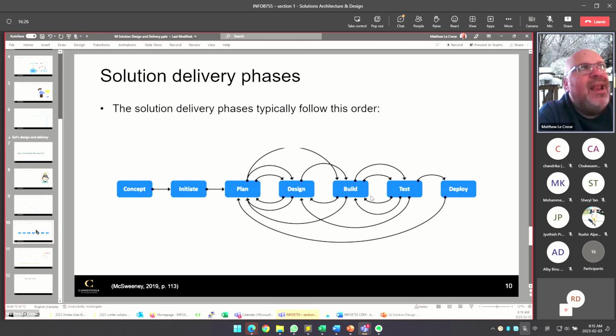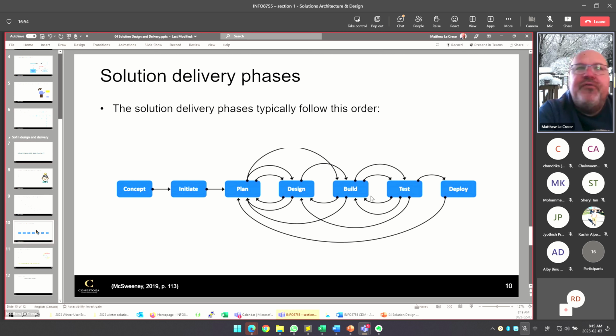And your plan is essentially the part that the project manager supports. And then, of course, out of that, you have your operationalization. Ultimately, the thing that the project manager manages is the solution delivery phase, which is your design, build, test, and deploy. Those are sub phases within your project management delivery.